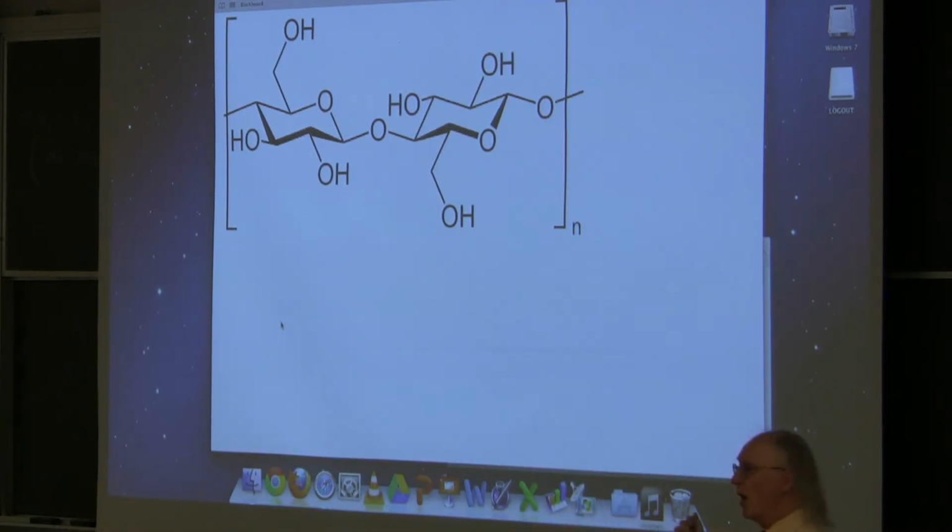Cellulose is also a polymer of glucoses, no branches, nothing else. But instead of being alpha 1,4, it's beta 1,4. So that anomeric carbon is pointed up instead of pointed down. That simple difference has giant implications.